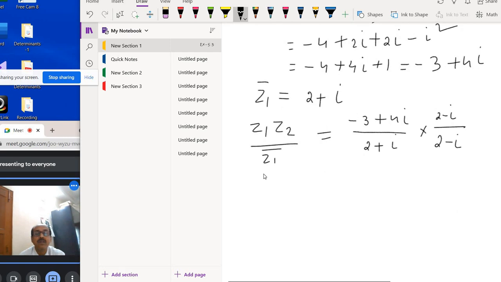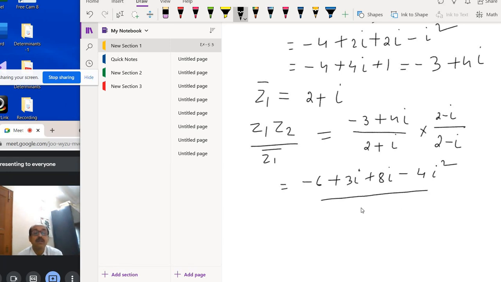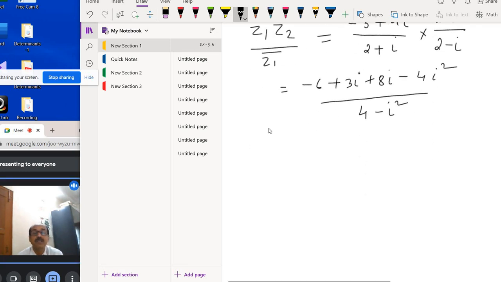Okay. So this is equal to, first multiply by minus 3, so minus 6 plus 3i, plus 8i minus 4i square, divided by 2 square plus 1 square. In the denominator it is 4 minus i square, using the a minus b formula.